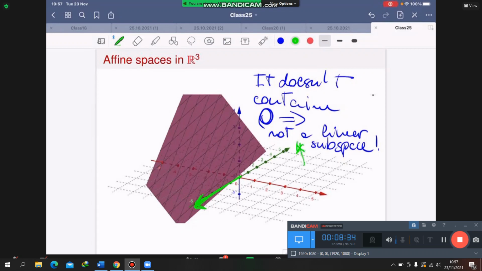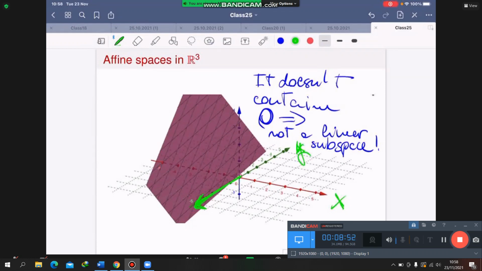This is y and this is x. But it doesn't really matter. So it's not very far from a linear subspace. It's not perfectly closed.